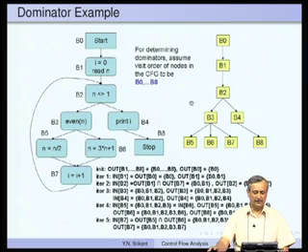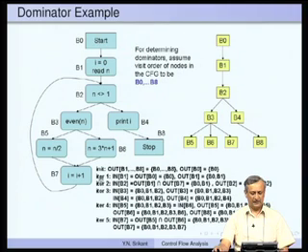Let us apply it on this particular example. Initialization: Out of B1 to B8 is B0 to B8, that is capital N, all the nodes in the graph. Out of B0 is B0, just for this particular node.